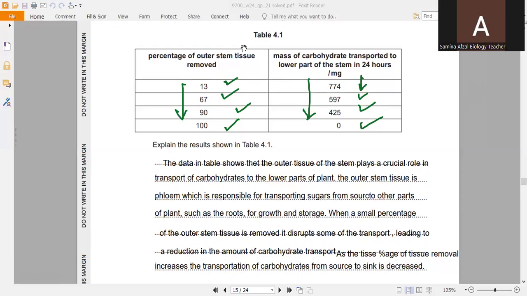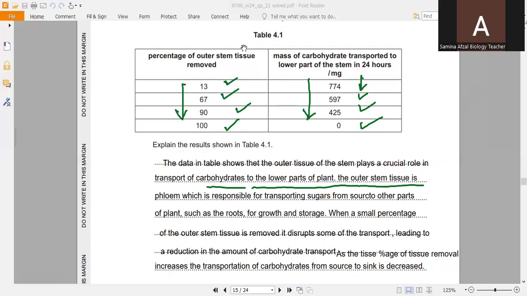So the data in the table show the outer tissue of the stem plays a crucial role in the transport of carbohydrates to the lower parts of the plant, that is, the food which is manufactured as a result of photosynthesis in the green parts of the plants or in the leaves, which is considered as the source. So, after manufacturing, the food has to be moved or transported towards the different parts where it is needed.